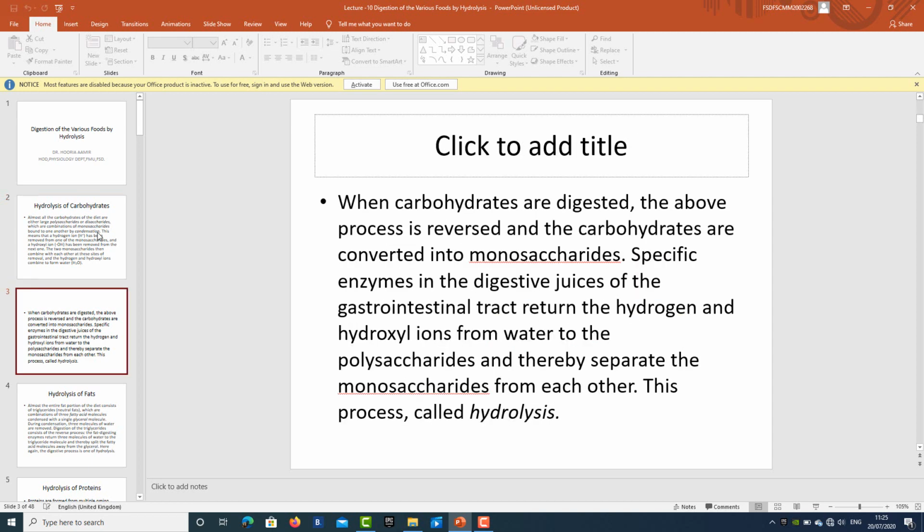Now when carbohydrates are digested, the above process is reversed and carbohydrates are converted back into monosaccharides. Specific enzymes in the GIT return the hydrogen and hydroxyl ion back to the polysaccharide and separate the monosaccharides from one another, and this process is known as hydrolysis.